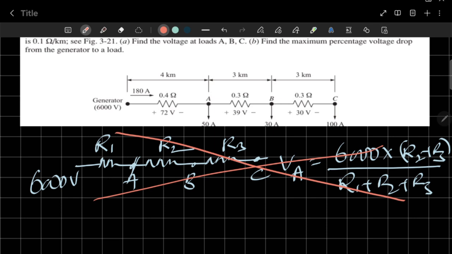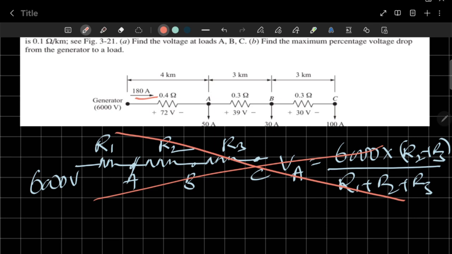Why? Here R1, R2, R3 are in series. There is no current division. The same current is passing through the three resistors, so we can apply voltage division to calculate VA, VB, VC. But if you see the given problem, the same current is not flowing here. 180 amps is coming from the generator.